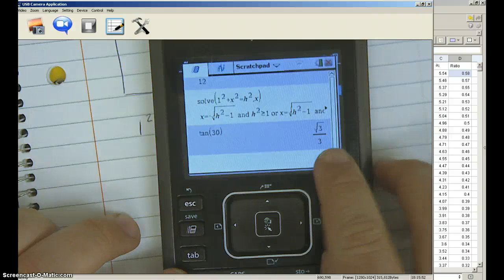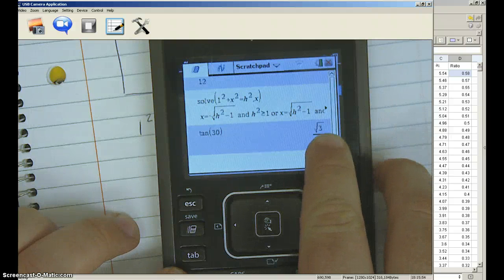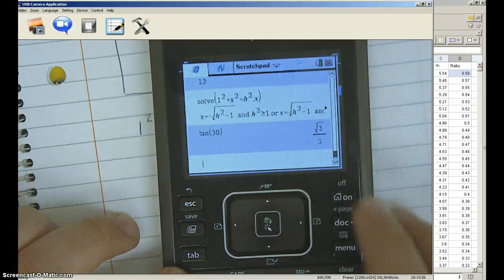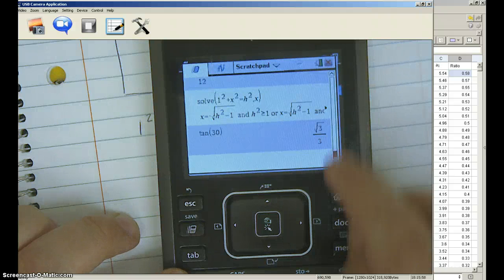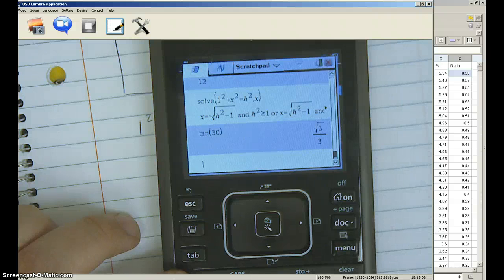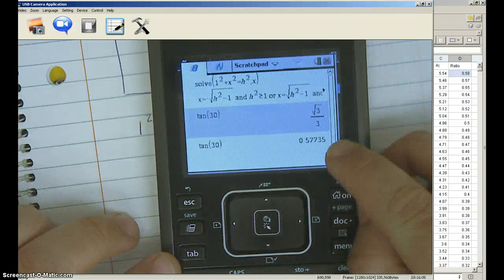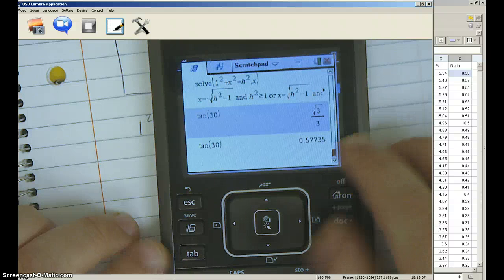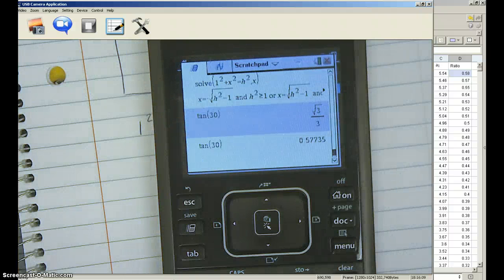And of course it gives me an irrational number with a radical, square root of 3 over 3, that cannot be written as a fraction of integers top and bottom. That's an irrational number. When I hit Control Enter, it gives me an approximate number: 0.57735.